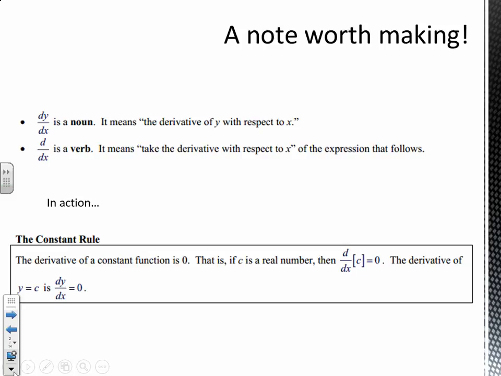Why does that happen every single time? Okay, if our function is c, and we talk about the limit as h approaches 0 of f of x plus h minus f of x all over h, when we plug x plus h into our function, what do we get?